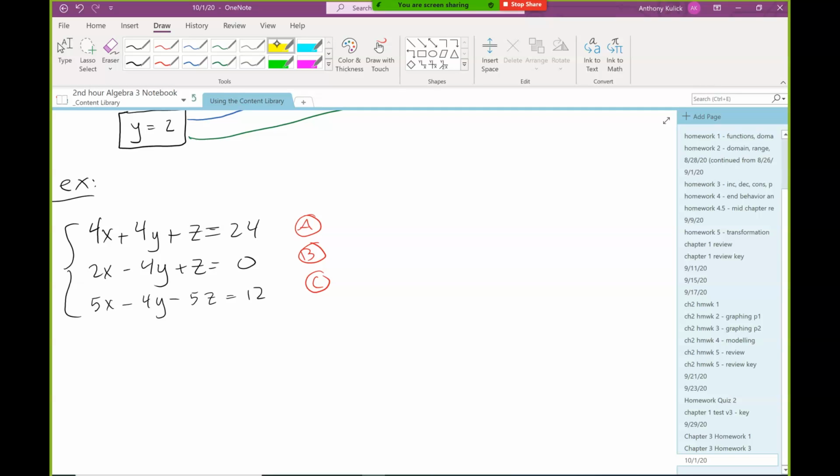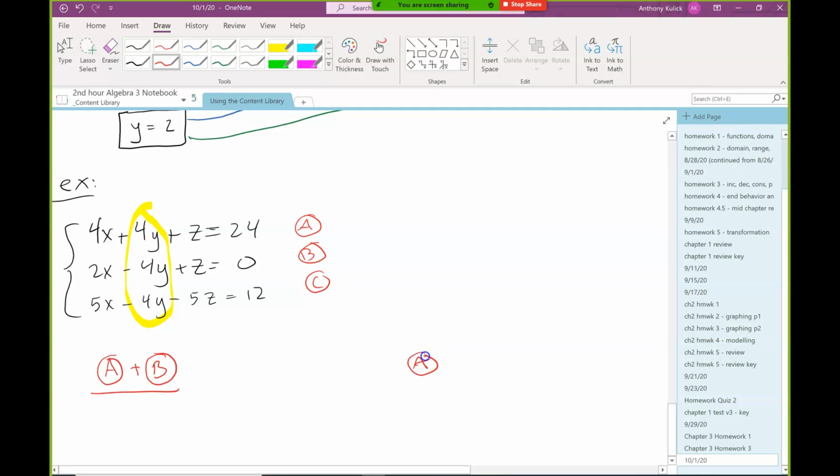Should be kind of an obvious choice. The y's. That's what I would choose as well, because if I add equation A with equation B, I'll have a positive 4y and a negative 4y. Those will cancel out.